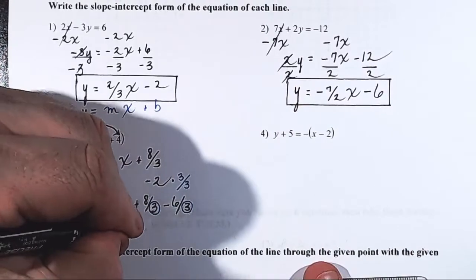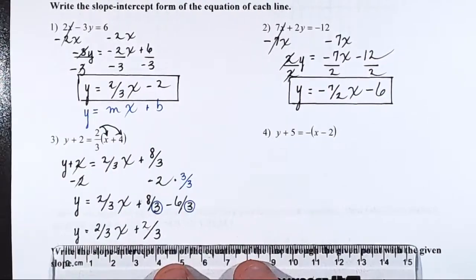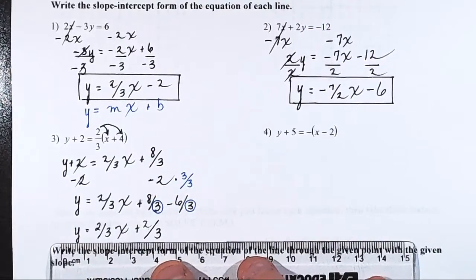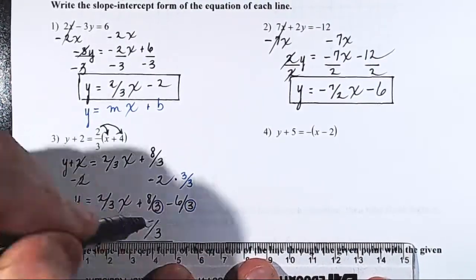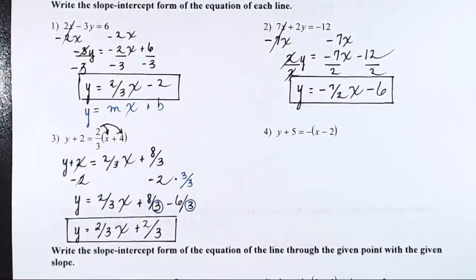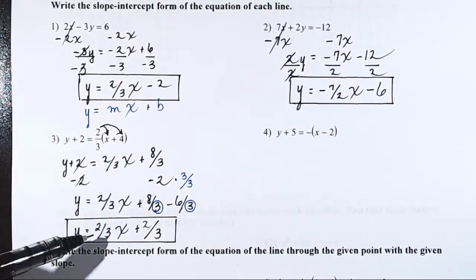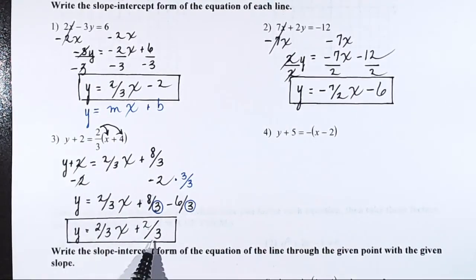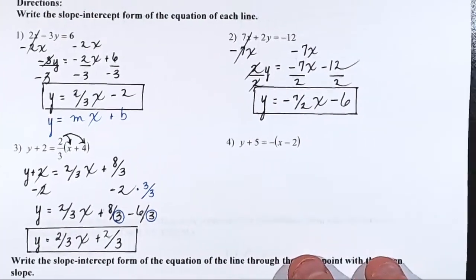Plus 2/3. So the final slope-intercept form of the equation is y equals 2/3 x plus 2/3. We check to make sure the slopes match. Yep. And the y-intercept in this case is also 2/3, just by coincidence.